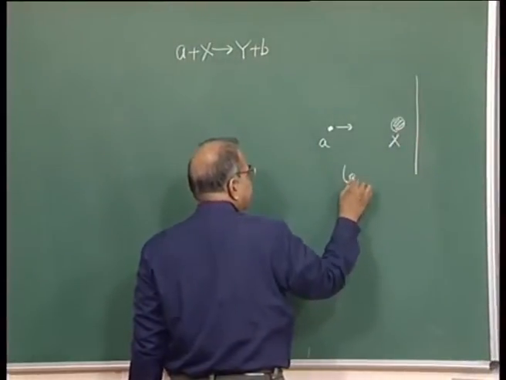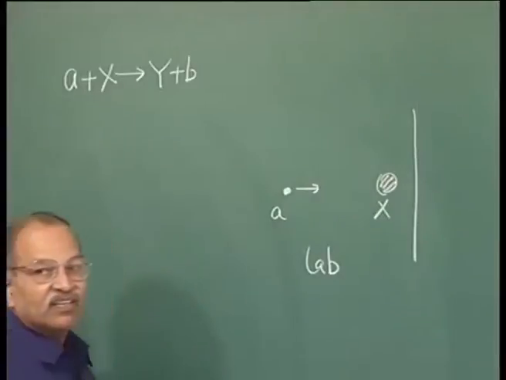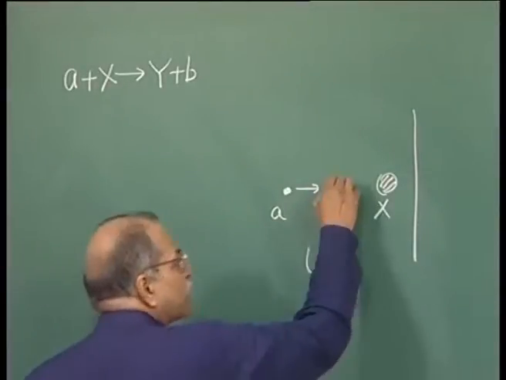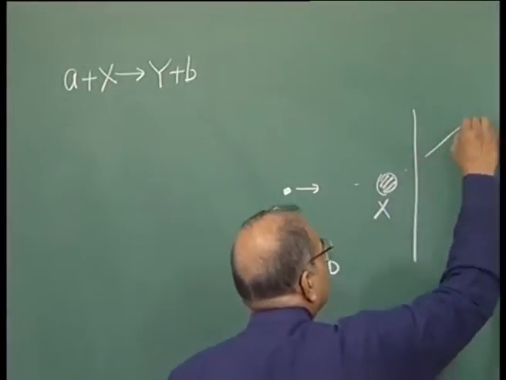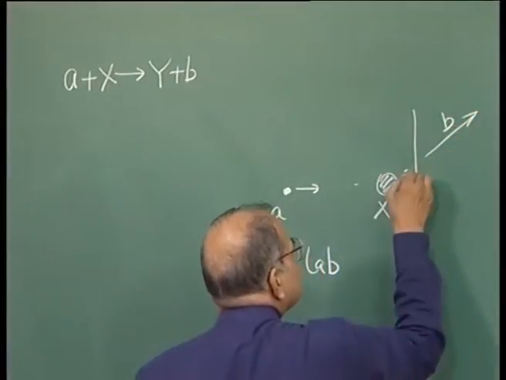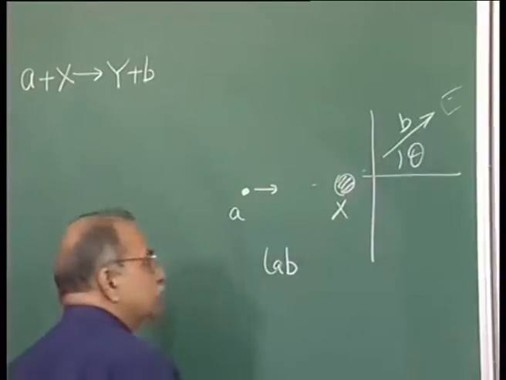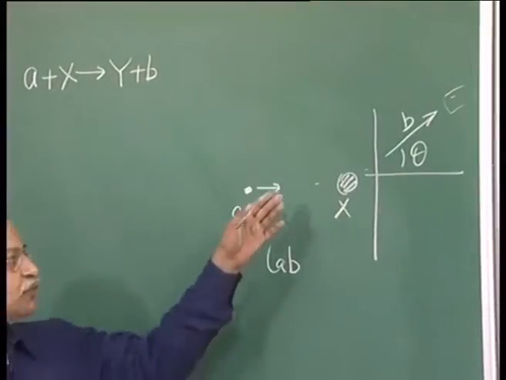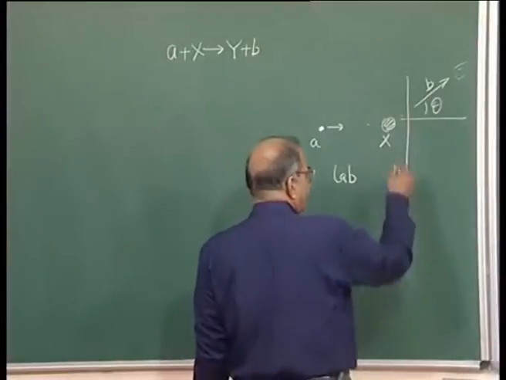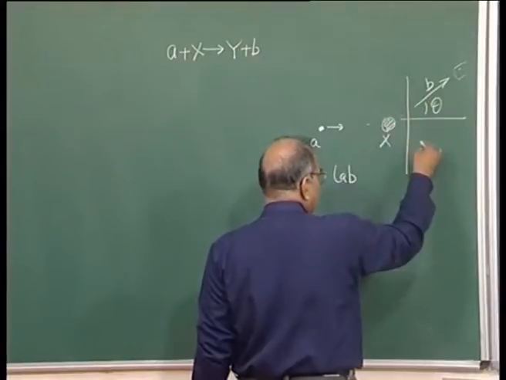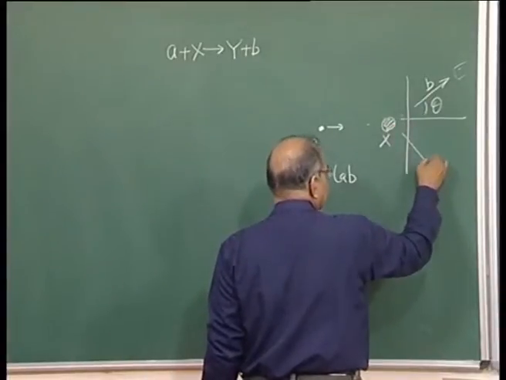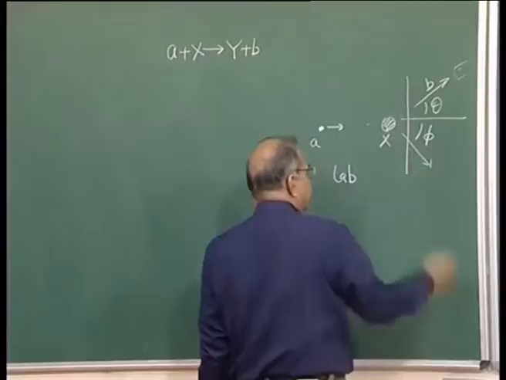Then some particle B goes in this direction theta, where I have put the detector. I am looking only at those particles which are going in this direction, and this nucleus will recoil in some other direction at some angle phi.